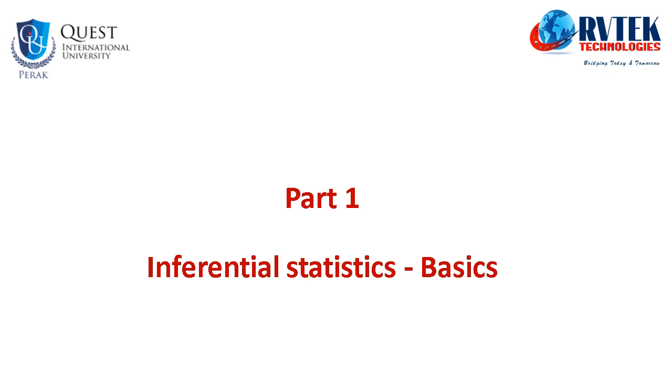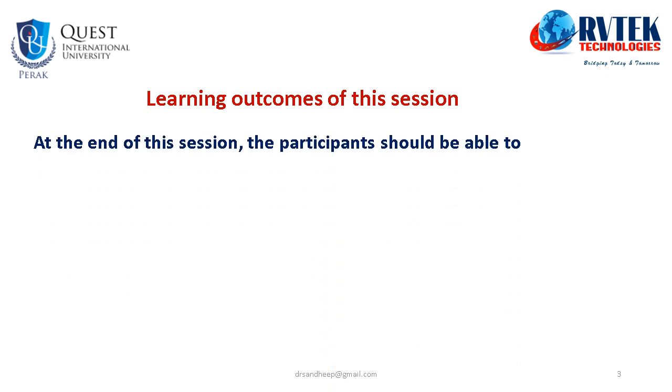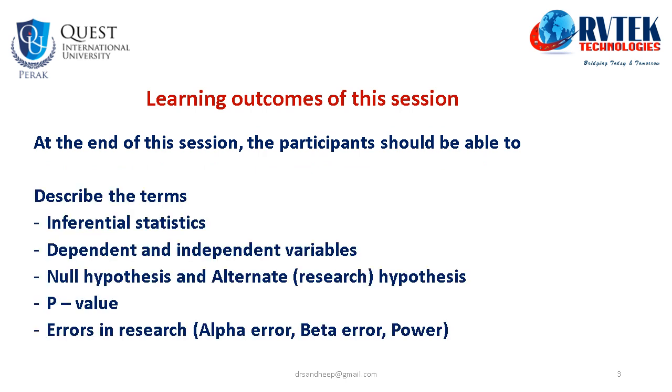First part, we will understand some terms. Learning outcome of this first session is, at the end of this session, the participants should be able to describe the following terms. What is inferential statistic?